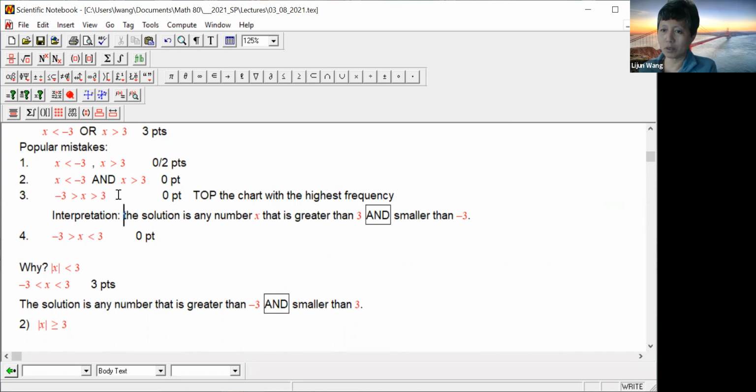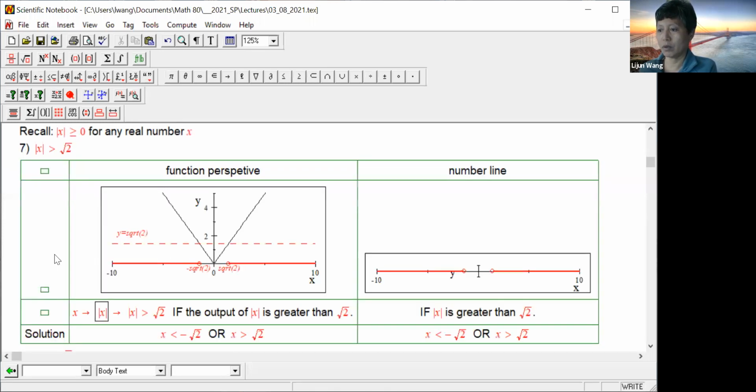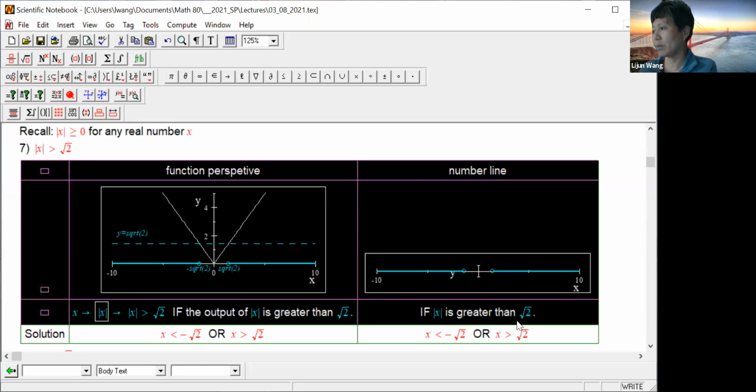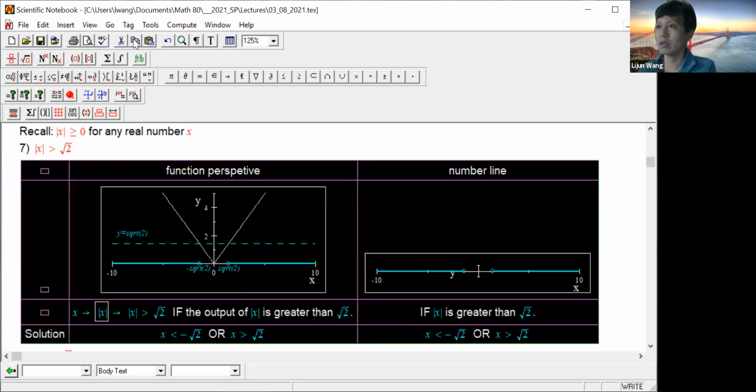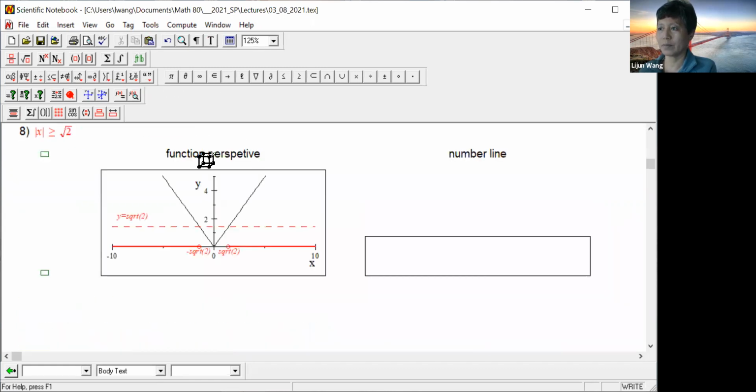So please don't make those mistakes, if you understand what we're talking about. So now greater than or equal to square root of 2. Everything can pretty much be copied. They're so similar, right? Do you guys have any questions?